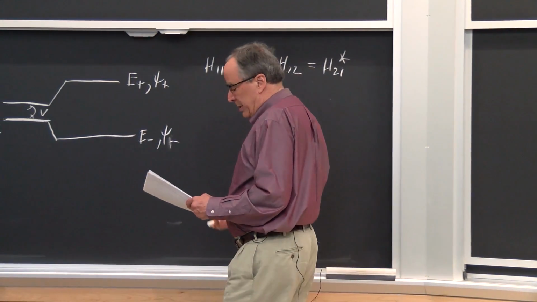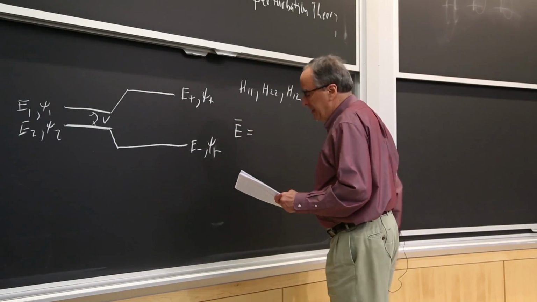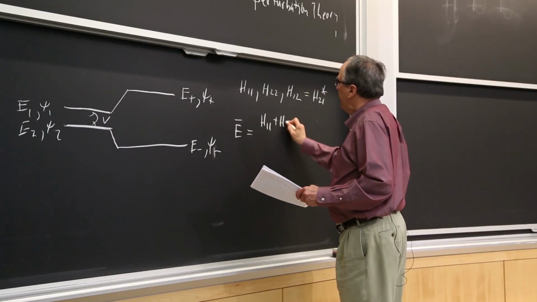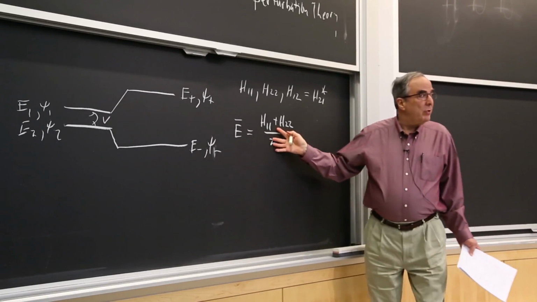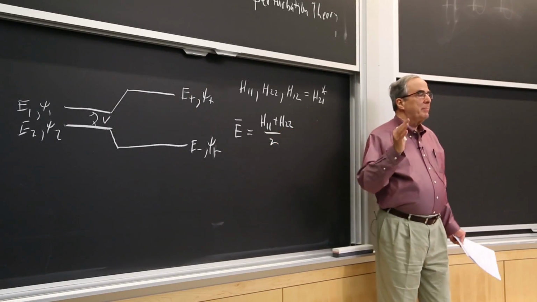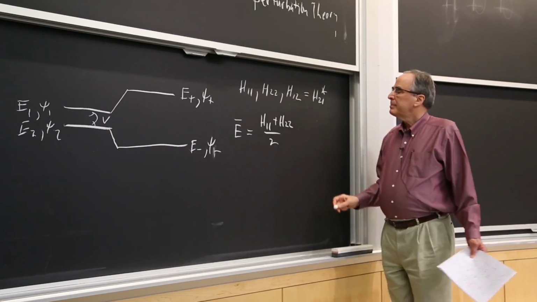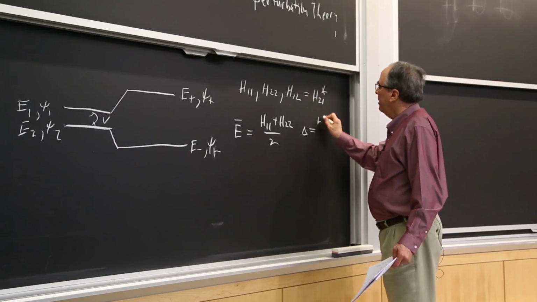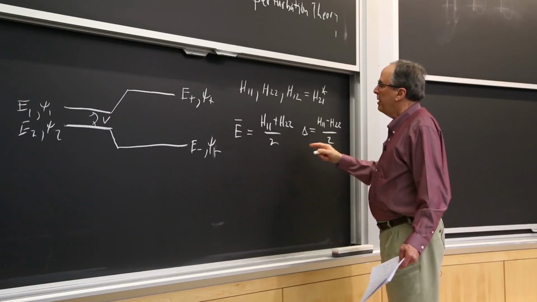Okay, the solutions to the two-level problem are based on some simplifications. So what we do is we make the 2 by 2 matrix symmetric by subtracting out the average energy. And we define then two numbers, which are H11 minus H22 over 2 and this.